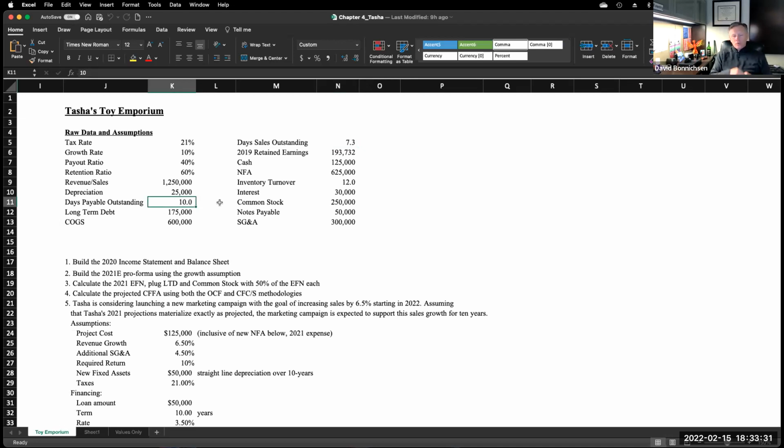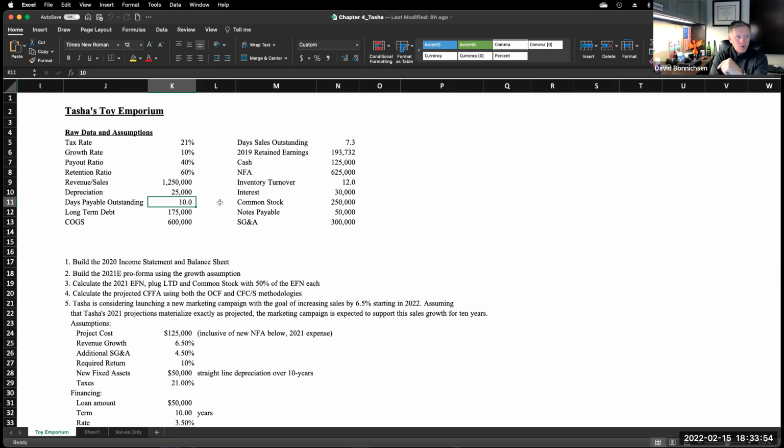If we think back to ratio analysis and how we calculated days payable outstanding, it was 365 divided by the accounts payable turnover. And accounts payable turnover was cost of goods sold divided by accounts payable.